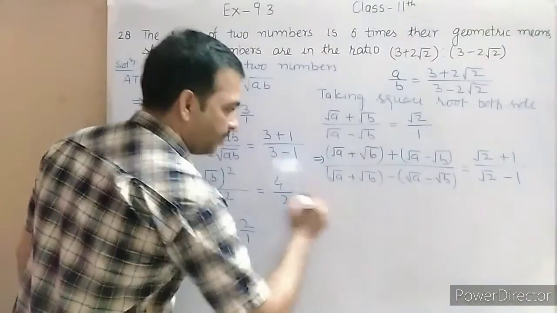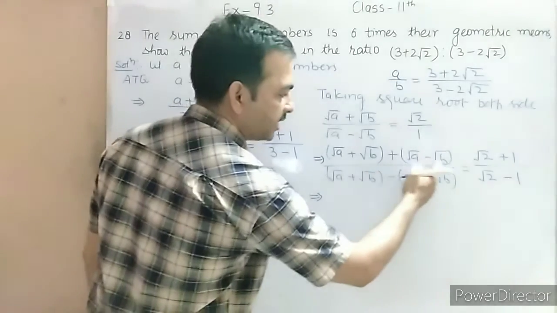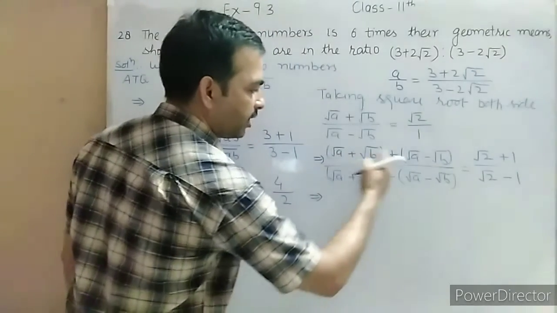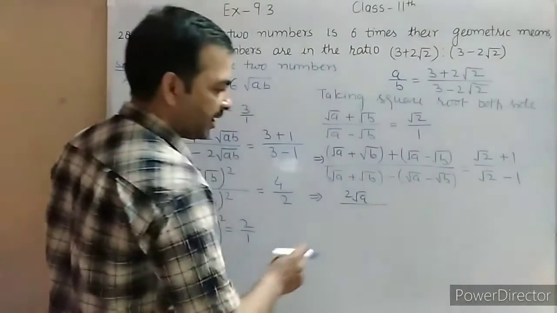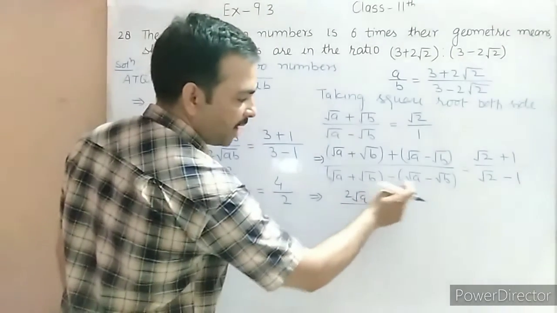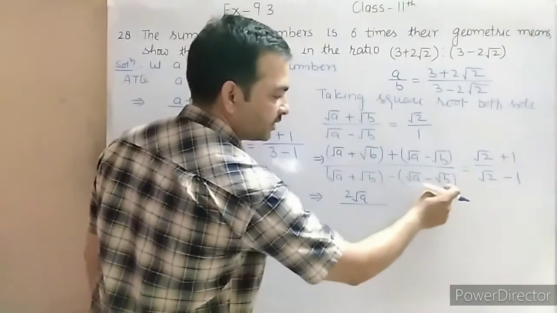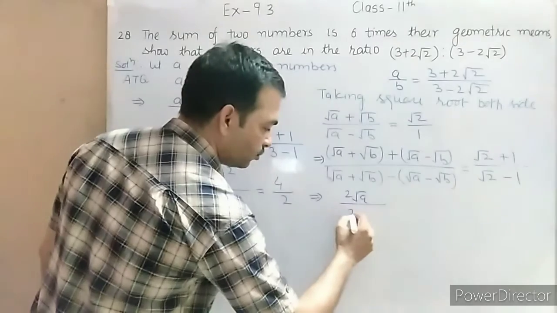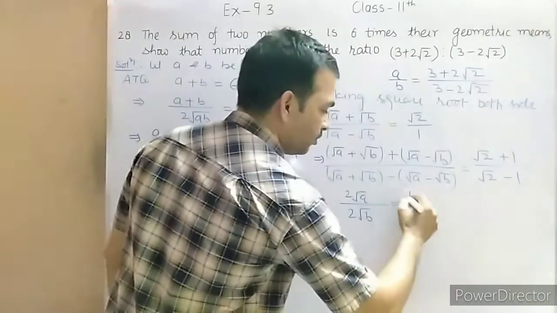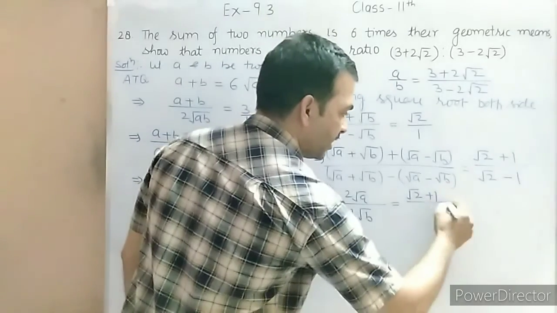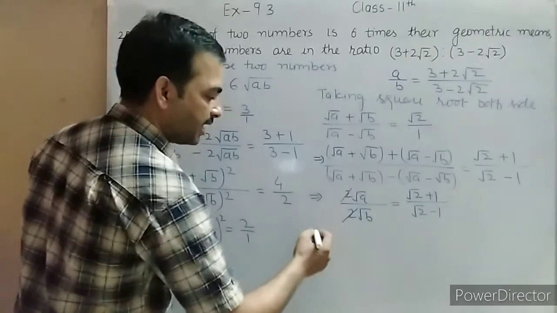You can see that plus root B and minus root B cancel out, and root A plus root A is 2 root A, divided by, here root A minus root A cancel out, and root B plus root B gives 2 root B. It is equal to root 2 plus 1 divided by root 2 minus 1. 2 and 2 cancel out.